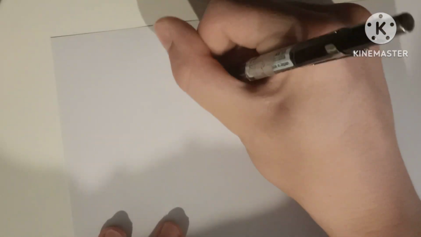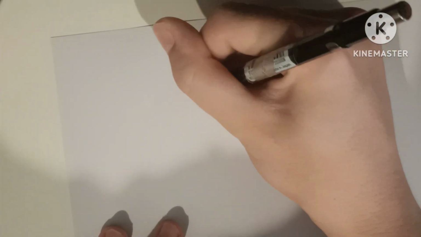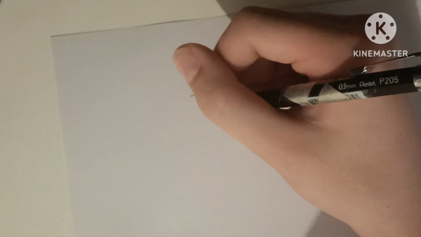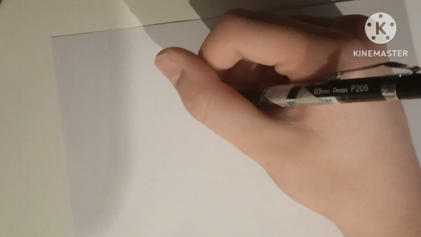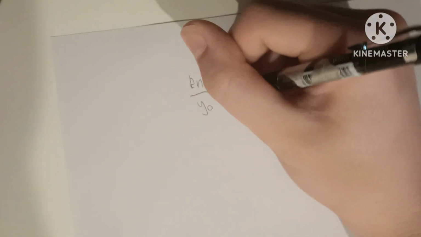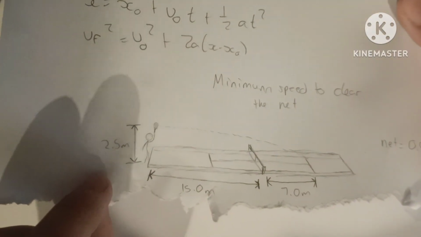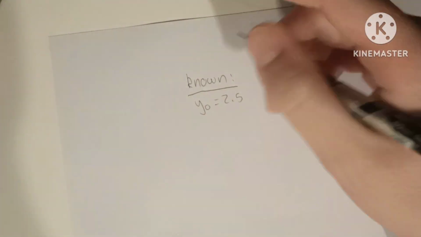So we will use known information. What we know is the initial y, which is just the height of the tennis player, so 2.5 meters.